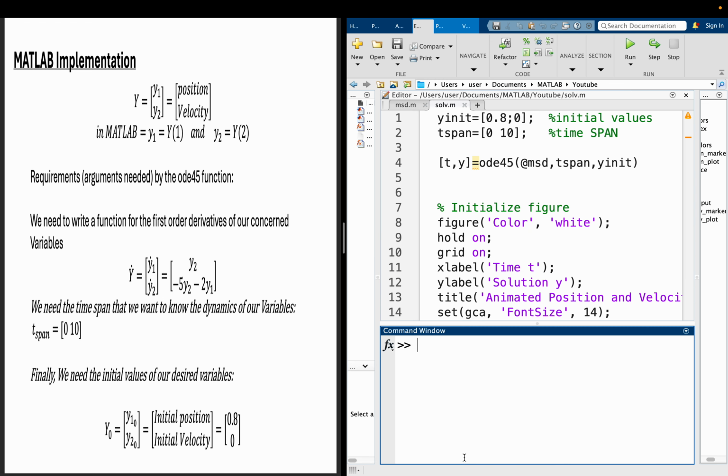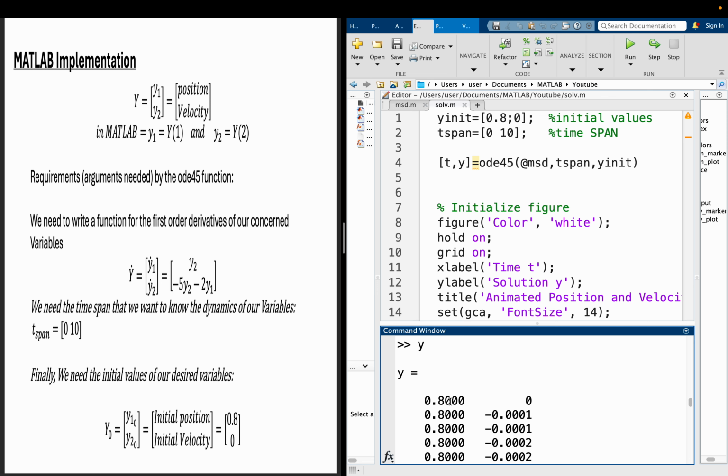Another thing that I want you to see is the variables that I use for my plotting. We have the t, which is just the time, and we started from t equal to 0 up to a period of 10 seconds. So my y has two columns. The first column is for the position.